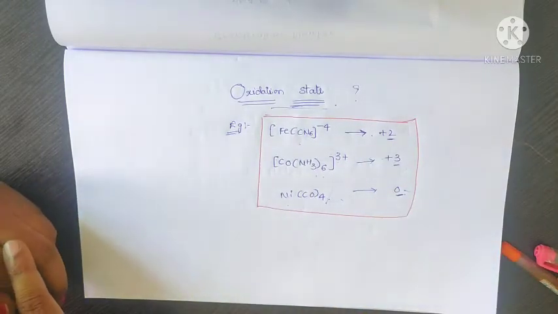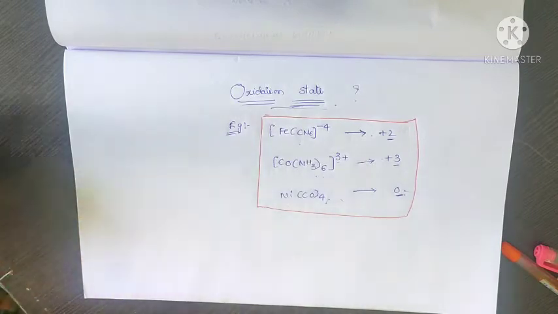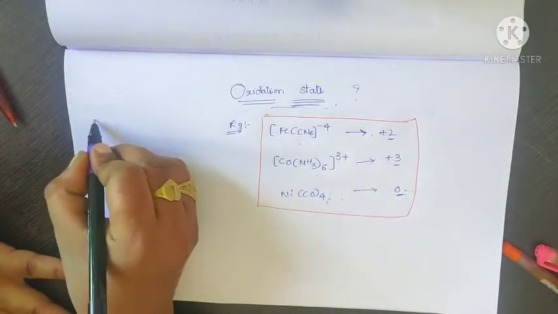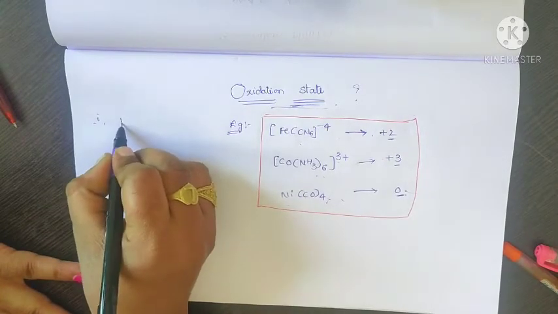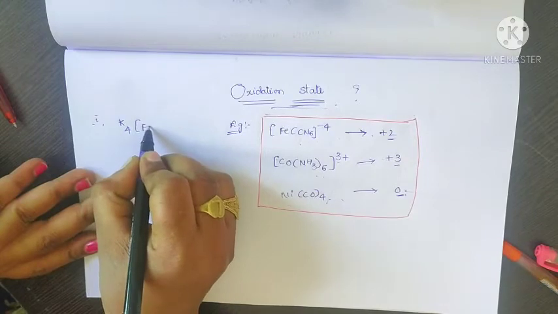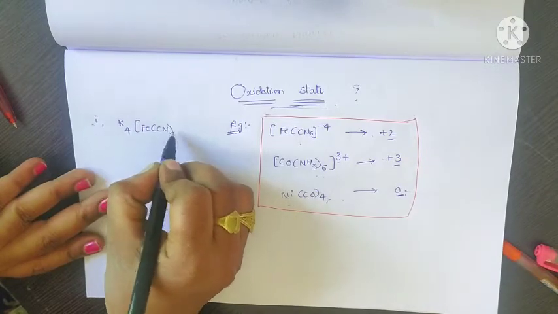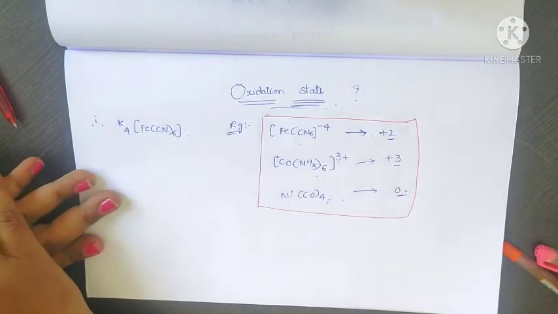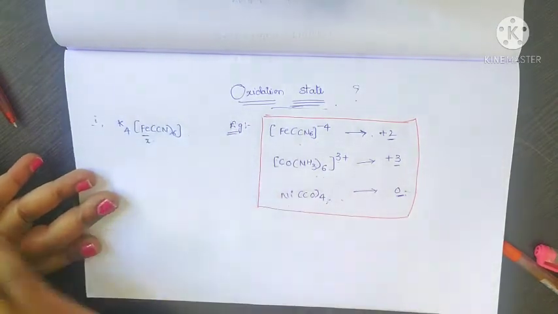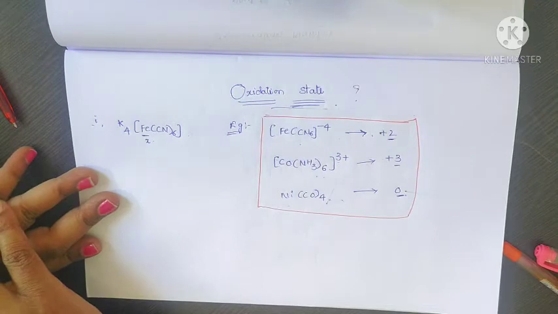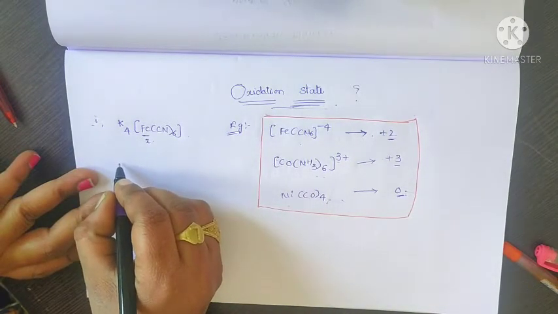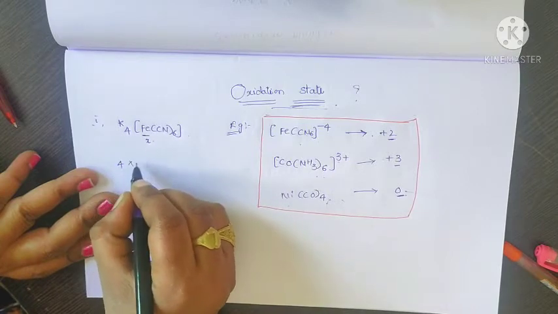And also, for example, how to calculate the oxidation number of the underlined atom in the following ions or molecules. So look at here, K4FeCN6. In this, the central atom's oxidation state is to be X. We are calculating ferrous oxidation state. So the number of potassium ions is 4.